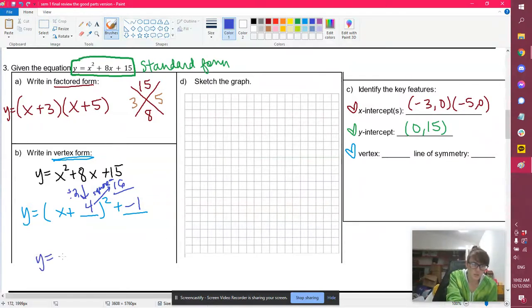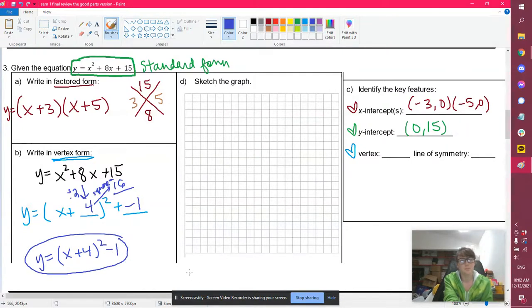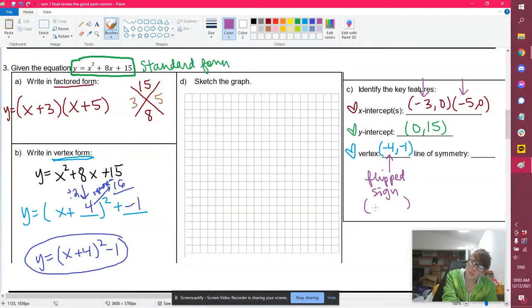Written by itself, it's x plus 4 squared minus 1. In my vertex form, I see the number next to x and the number in the back. I flipped this number. These 3 numbers were flipped, like the sign was flipped, because they were in parentheses.